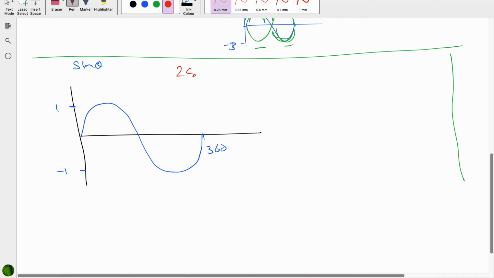And we draw 2 sine theta on the same graph. Only the amplitude changes, all other things remain the same. So it reaches a maximum value of 2 and a minimum value of -2.